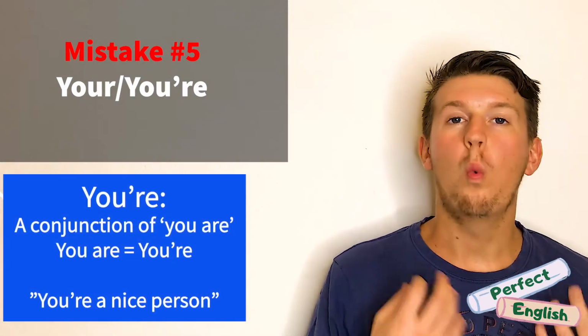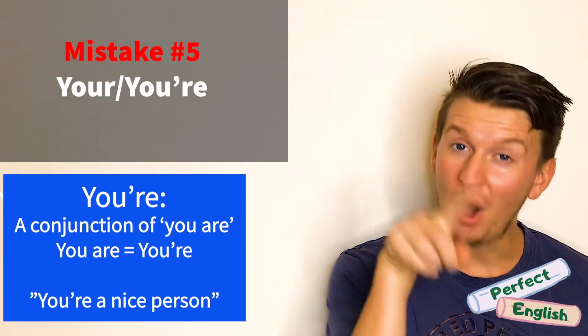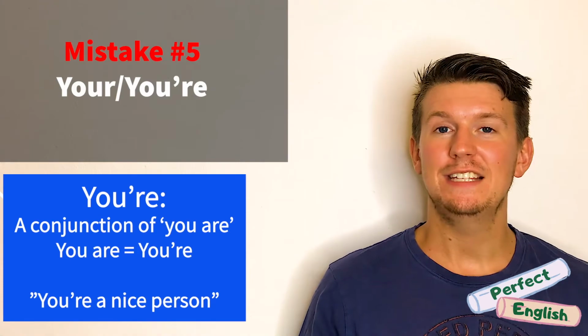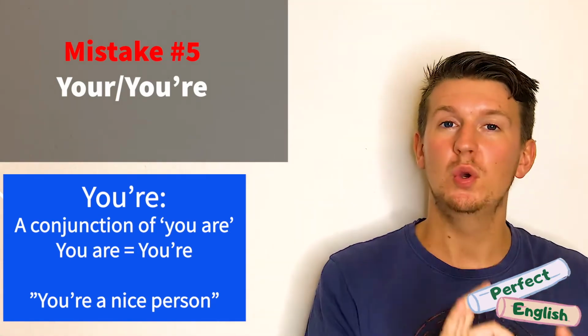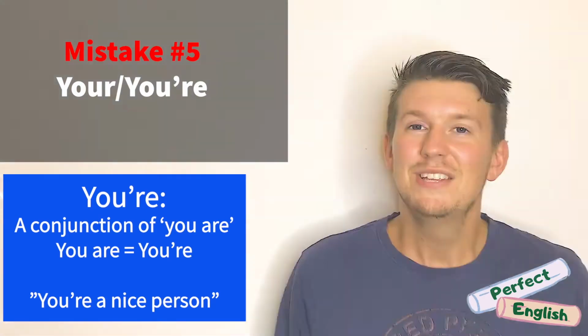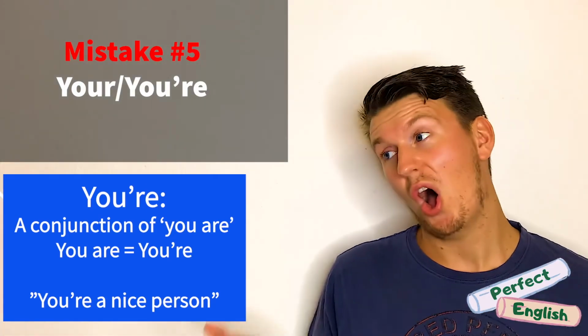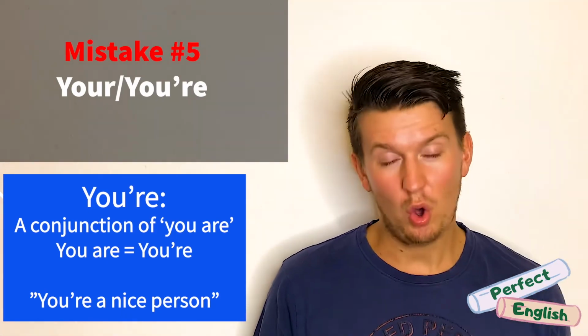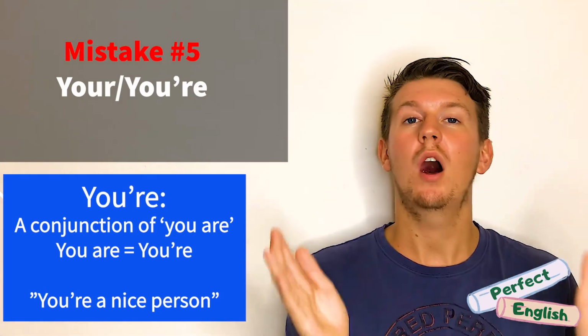And we have Y-O-U apostrophe R-E, "you're." This is another contraction of 2 words. "You are" becomes "you're." So instead of saying "you are a nice person," we can say "you're a nice person." You're a nice person. You are, you're.